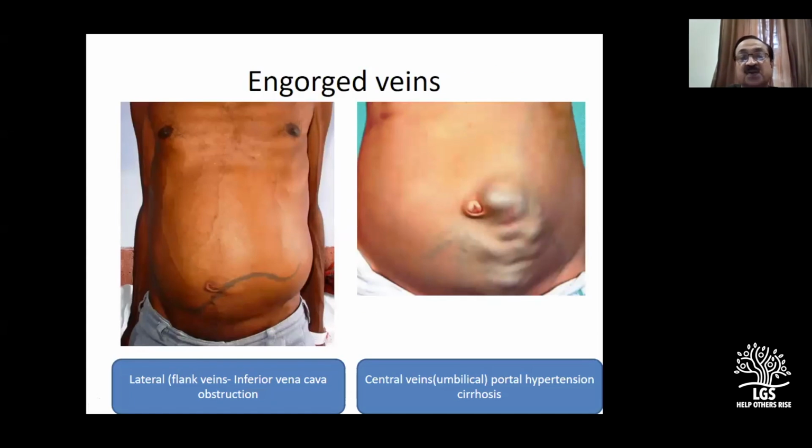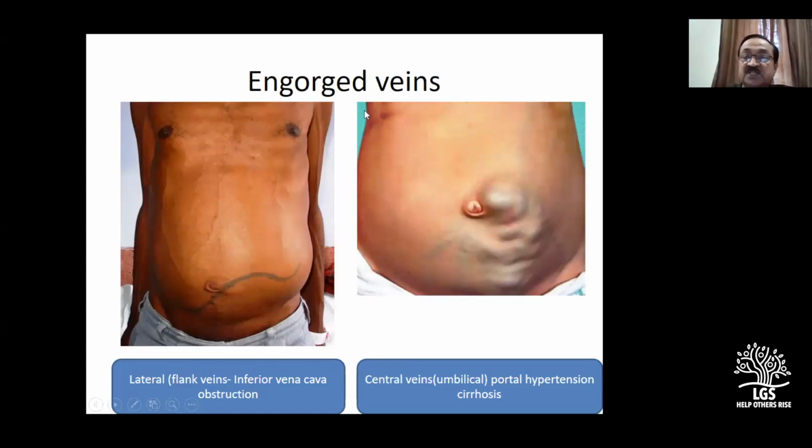So look for dilated veins. We have mentioned this to you. Caput medusae. Definitely, if your case is a splenomegaly, they will ask you about portosystemic collaterals. This is the one area where students fumble: what is portal, what is tributary, what is systemic.